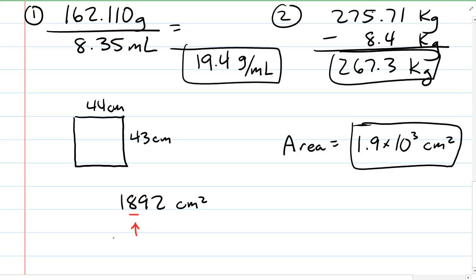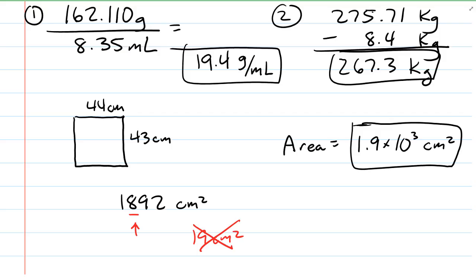One of the mistakes I often see is I'll see this rounded off to 19 square centimeters. That's incorrect because 19 and 1900 are a huge difference. But it is the 9, we do want it to round to 9, but we have to remember that there's going to be places that are after here. So we round it off to 1900.